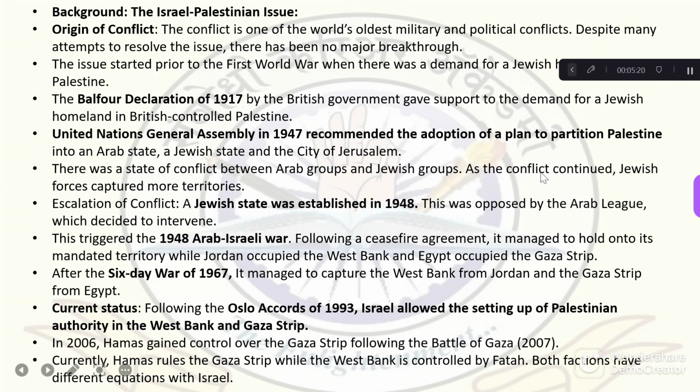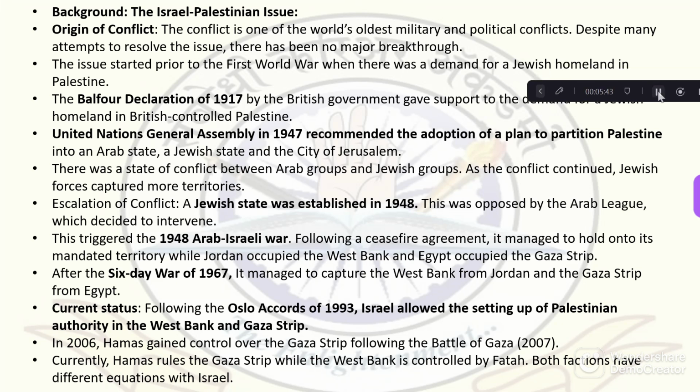We have to see the history of the Palestinian issue. First of all, we have to know that Israel was initially ruled by the British. Then in 1917, there was the Balfour Declaration, in which the British government declared support for the demand of the Jewish people.